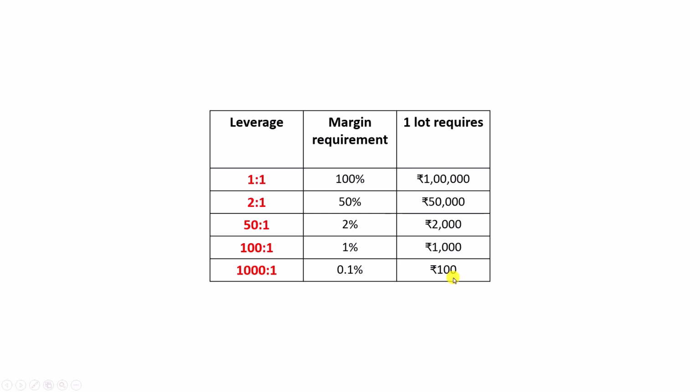The broker will not allow your account to go negative. So if you just have 100 rupees in your account and you are trading, and if your loss reaches minus 100, meaning your loss is 100 rupees, then he will close the trade, and your account will be back to zero.